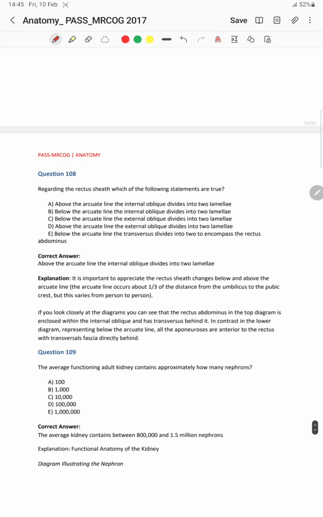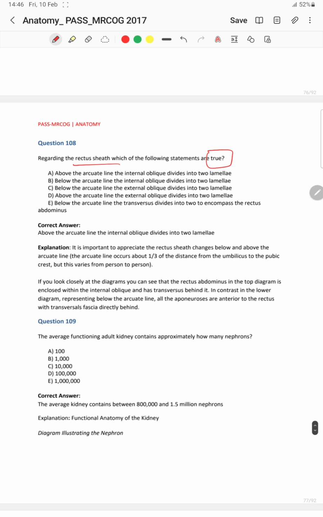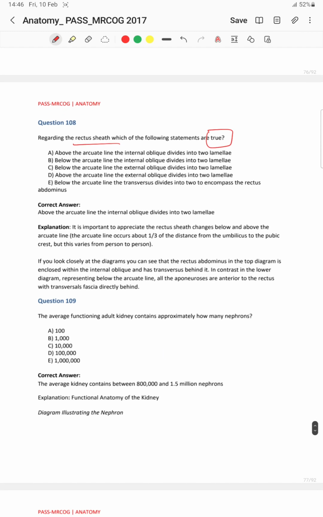Question number 108. Regarding the rectus sheath, which of the following statements is true? It is important to appreciate how the rectus sheath changes below and above the arcuate line.